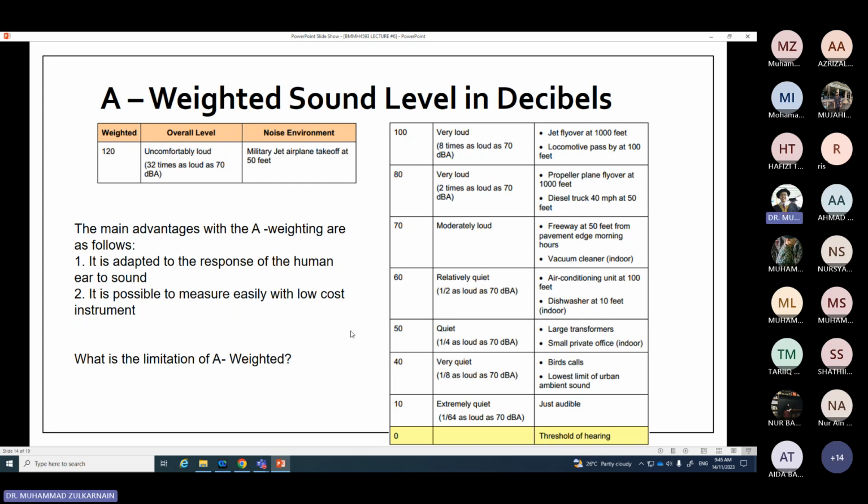The main advantages of A weighting are as follows. It is adapted to the response of the human ear to sound.